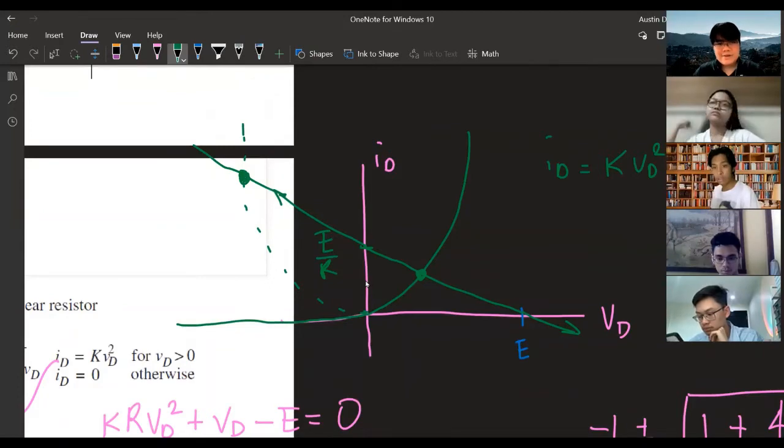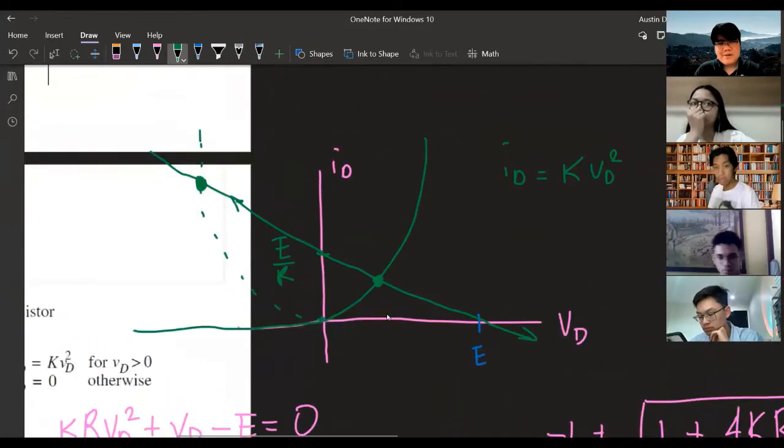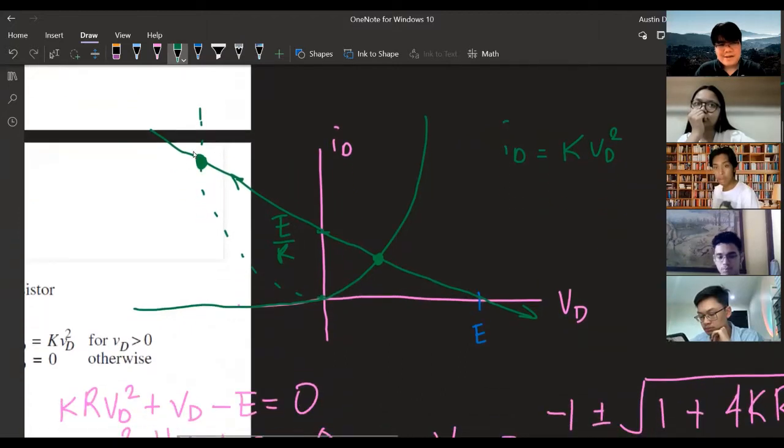Okay? Dalawa yung solution mo. Yung intersections ng mga yan, ayun yung mga solution. Ito, tsaka ito. But this is not attainable dahil nga yung actual properties ng resistor mo is going through this line. Okay? So we have to take this part of the solution.